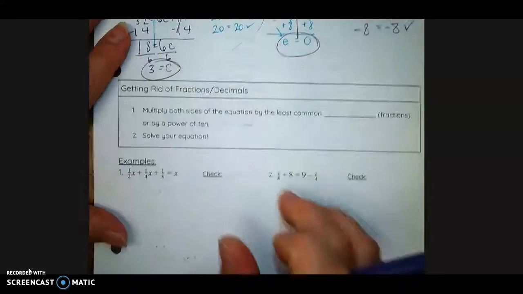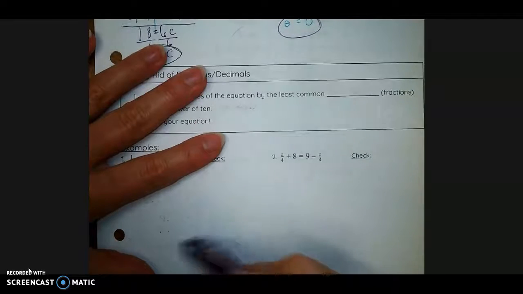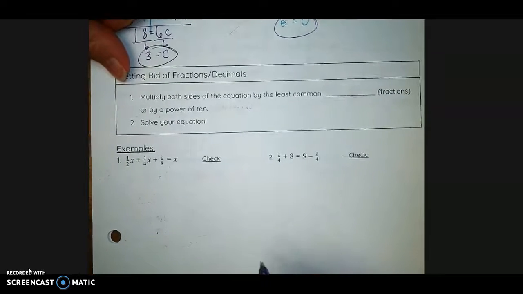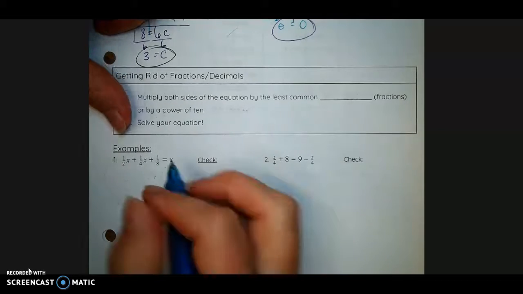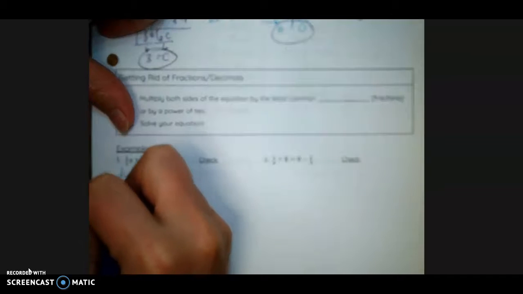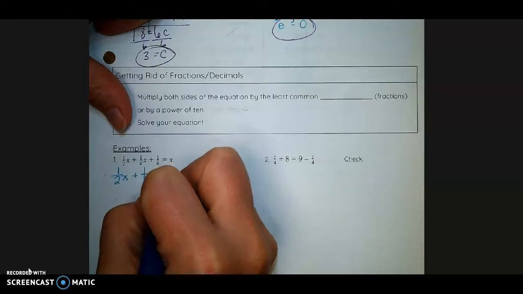All right, coming down here, we've got some fractions. And what I've told my kids, when we were doing one-step equations, two-step equations, is if you can get rid of the fractions, get rid of the fractions. So I'm going to rewrite this.